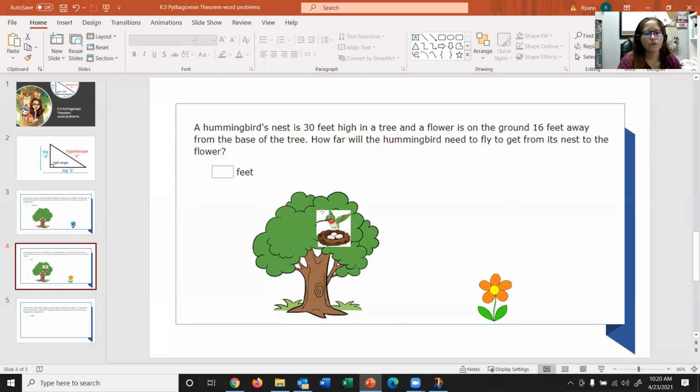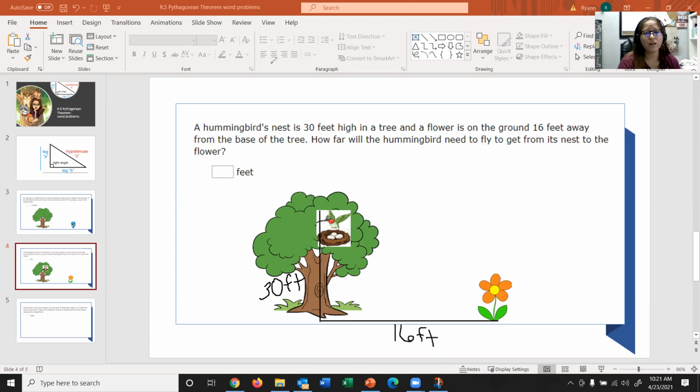Okay. So the hummingbird's nest is in this tree, and this tree is 30 feet high. So we're going to label this side as 30 feet. And then we know that the flower is 16 feet away from the base of the tree on the ground. As we did in the last question, we can see that we have a right triangle starting to form.